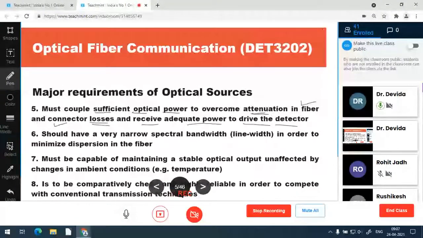The detector requires some minimum power to get driven, so that is to be given to the detector.